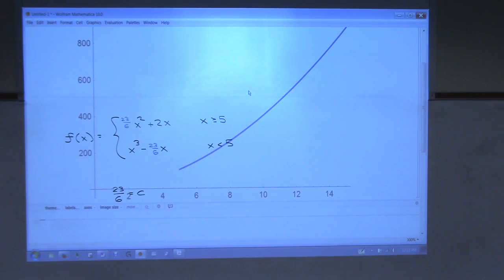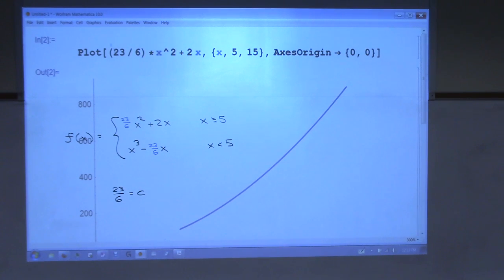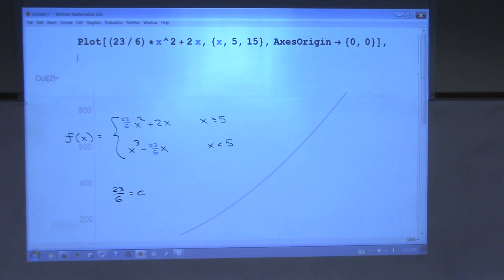That's the parabola. Now I'm going to come in here and plot with it x cubed minus 23 over 6 times x. And I'm only going to plot that from, let's say, negative 10 to 5.